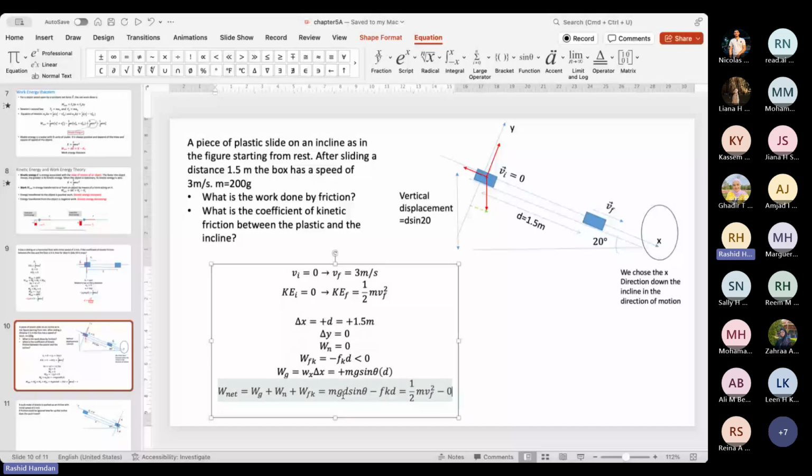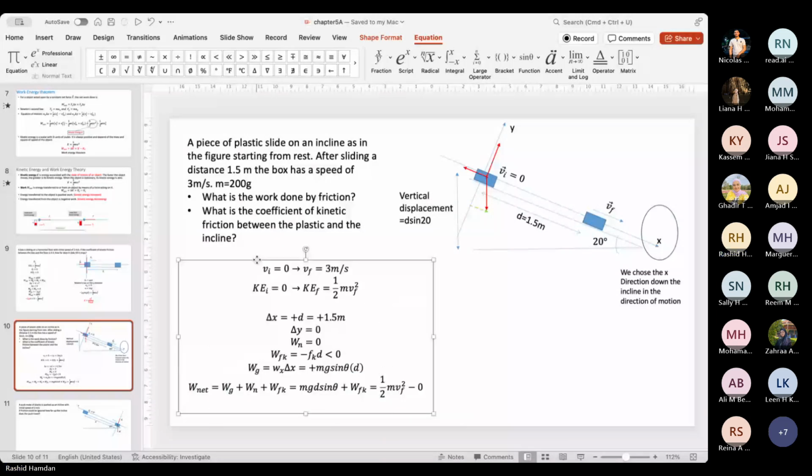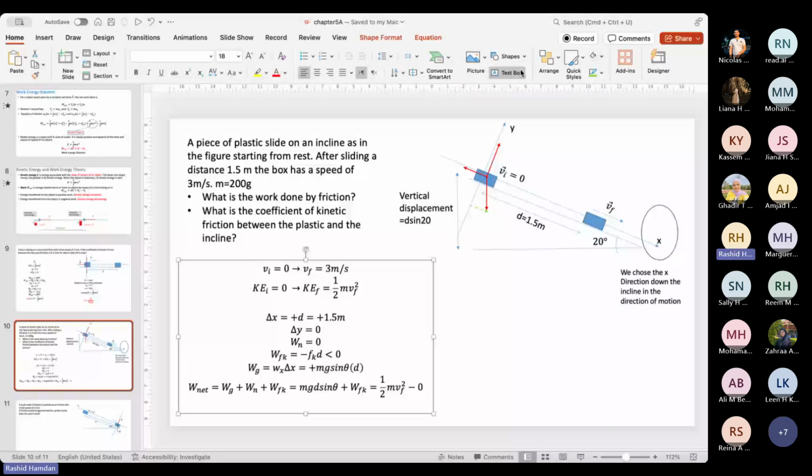So they tell me to find the work done by friction. Let's keep it as work done by friction. So here plus W fk, because W fk turns out to be negative. Okay, so now I can find the work done by friction first. Text box, let's write here.